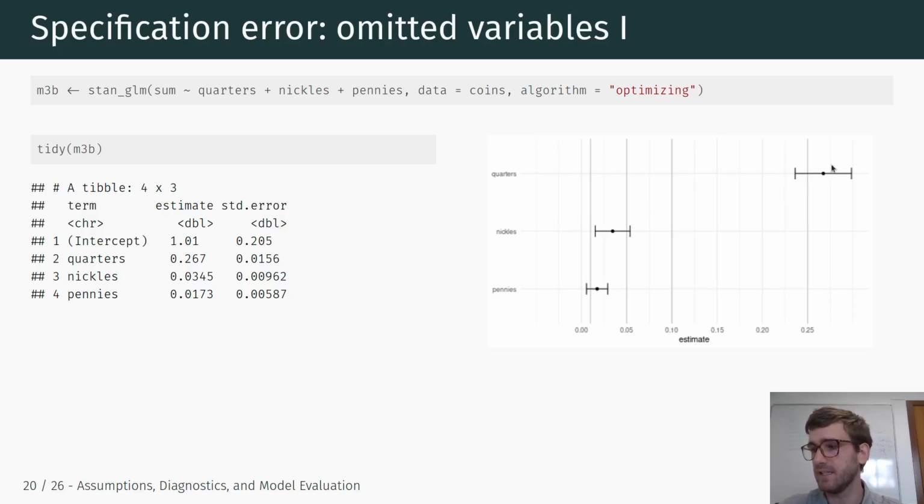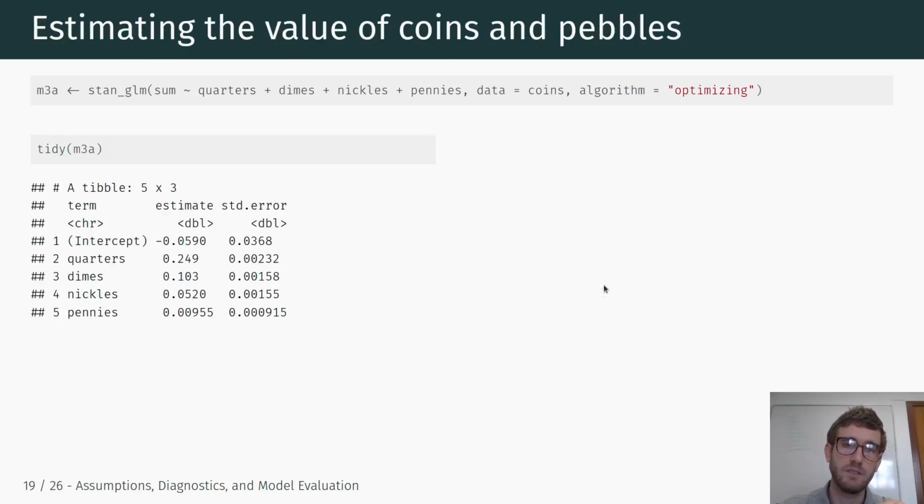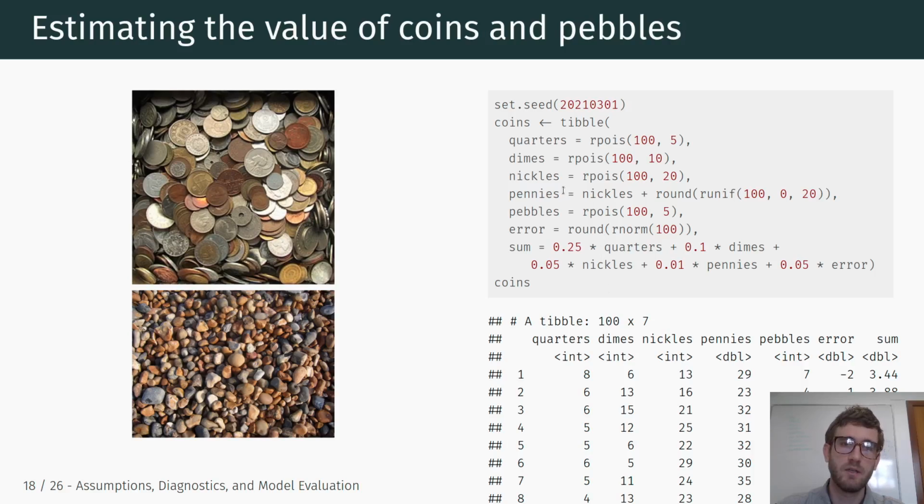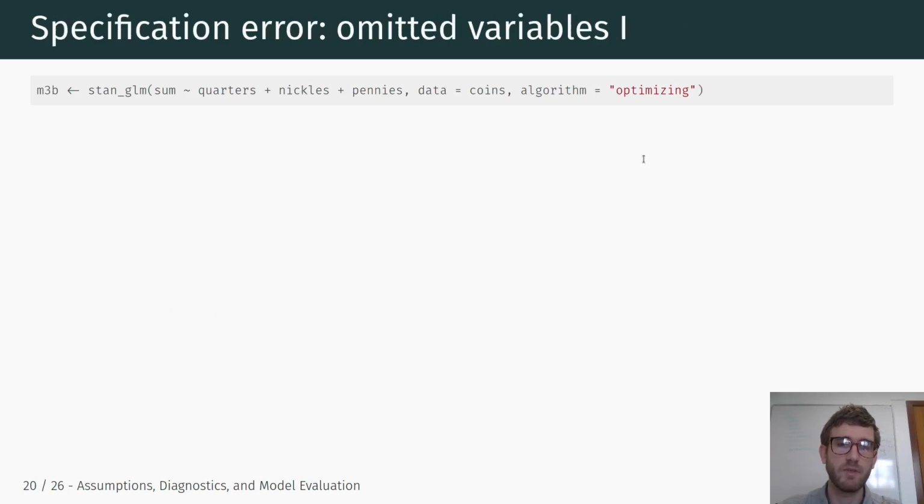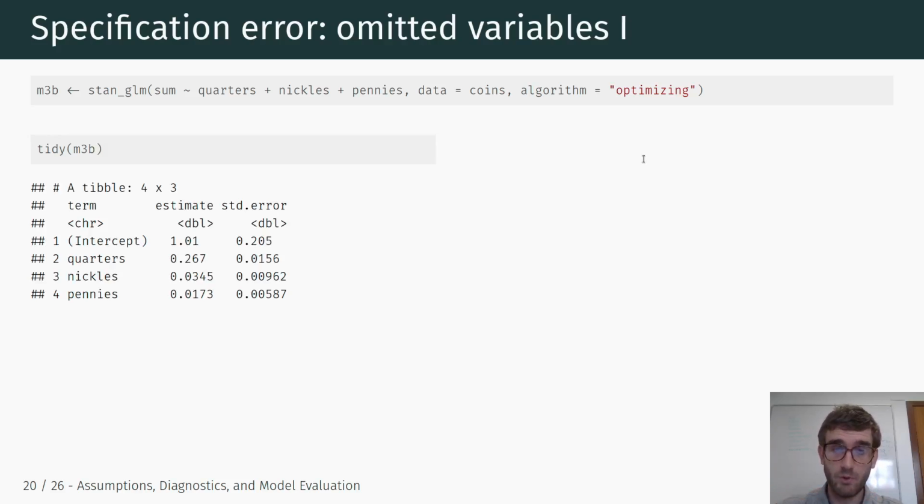The important thing is that our estimates for the remaining coefficients are still unbiased, right? Because the number of dimes is just random draws from a Poisson distribution, it is uncorrelated with any of the other number of coins.